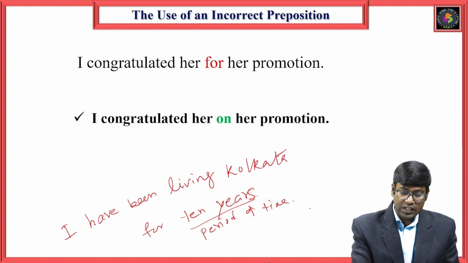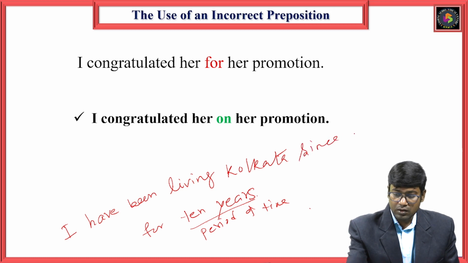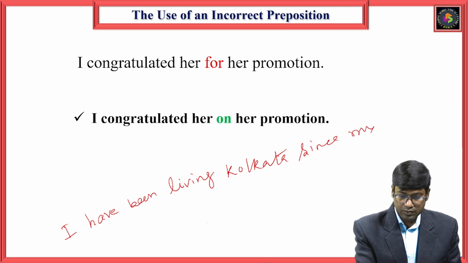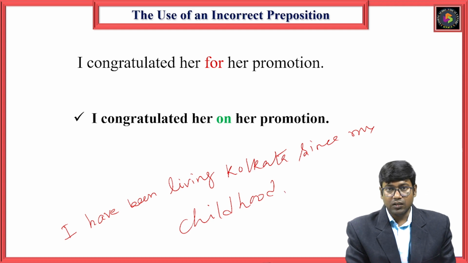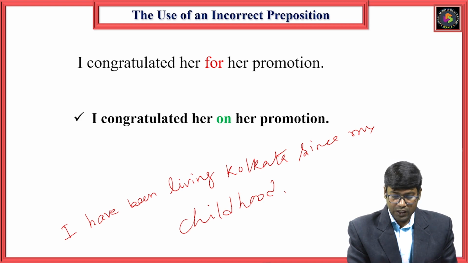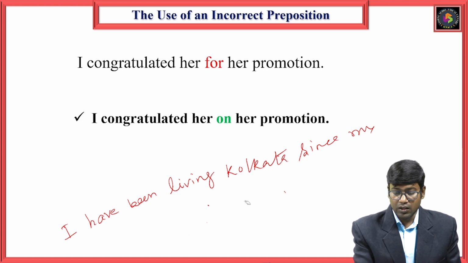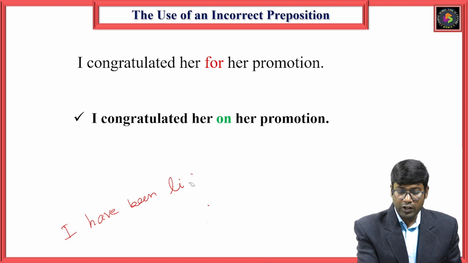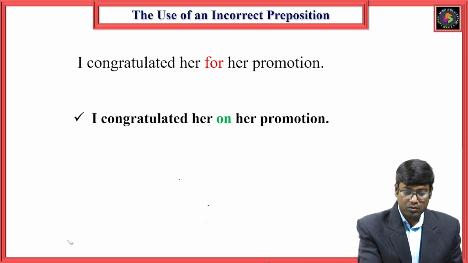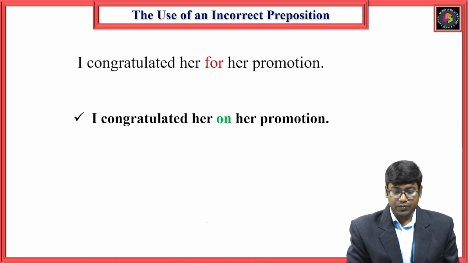And if I write the same sentence like this, I have been living in Kolkata since my childhood, this is another example. I have been living in Kolkata since my childhood. So this is another point of time. That would be very helpful for the student to understand the point of time and the period of time.